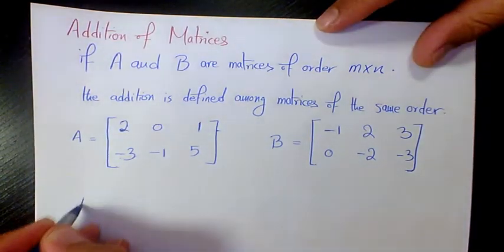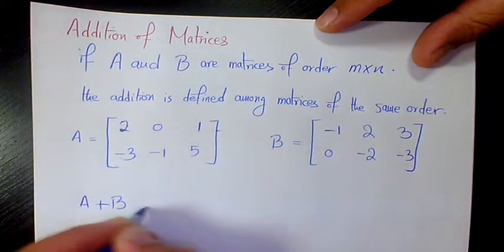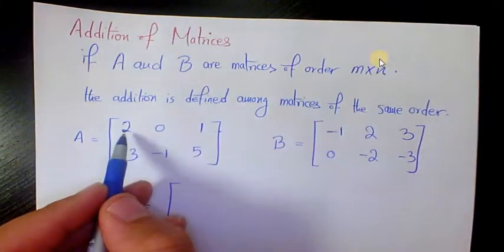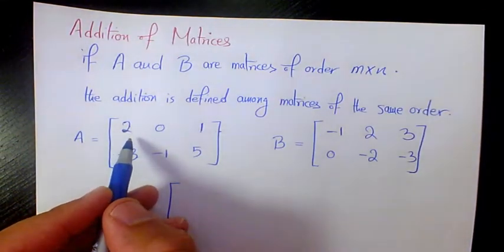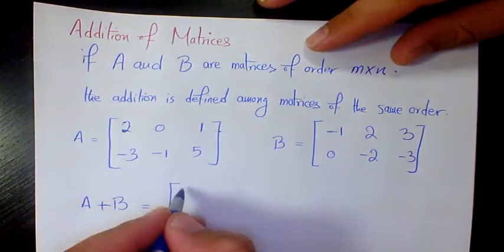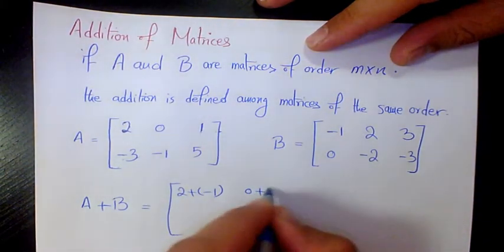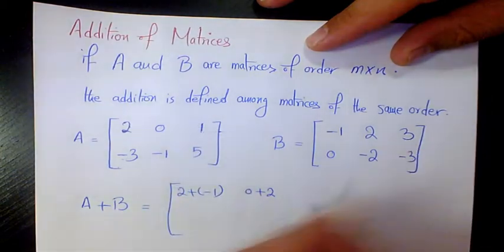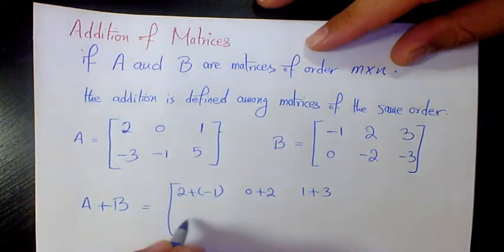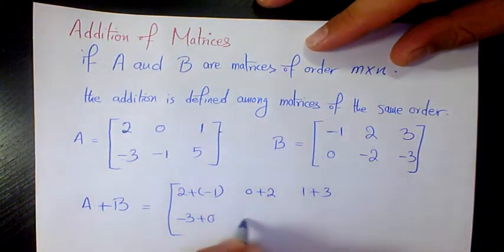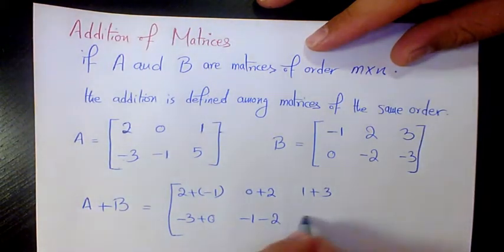So A plus B will be 2 plus 1, negative 1, 0 plus 2, 1 plus 3, negative 3 plus 0, negative 1 minus 2, 5 minus 3.